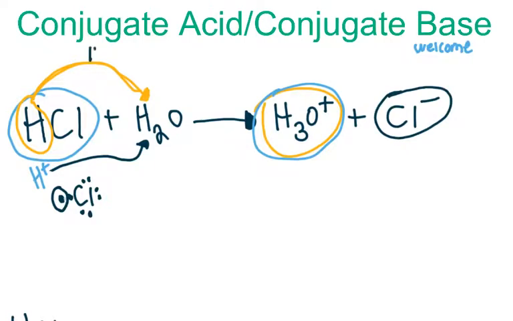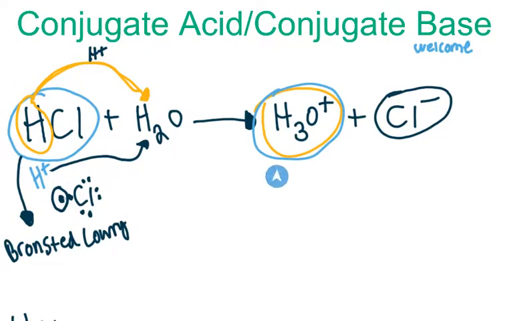So we donate a hydrogen cation, making our HCl the Bronsted-Lowry acid. It's also the Lewis acid, but we won't get into that in this video because we discussed the same example in our Lewis acid Lewis base video, so go and check that out.